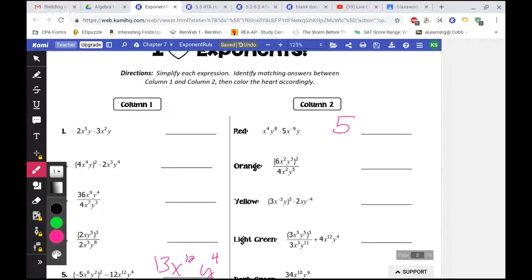But then we've got an x to the 4th and an x to the negative 9. So if I add those two, 4 plus a negative 9, that gives me a negative 5. And I know that negatives go in the denominator, right? And then 8 plus 1 is 9. So I have 5y to the 9th over x to the 5th.